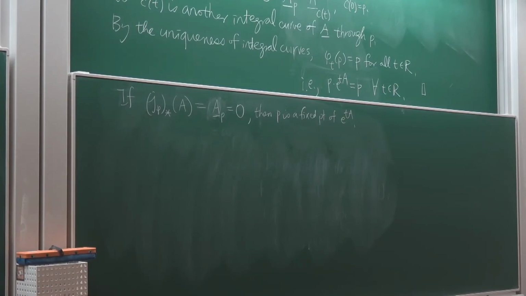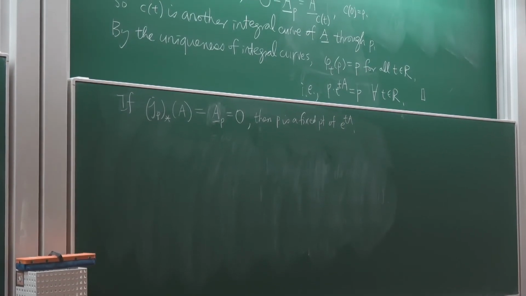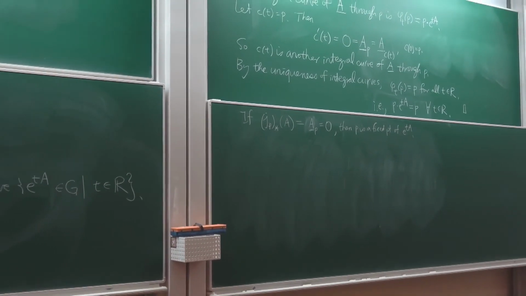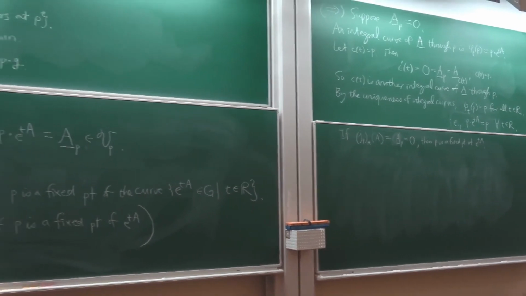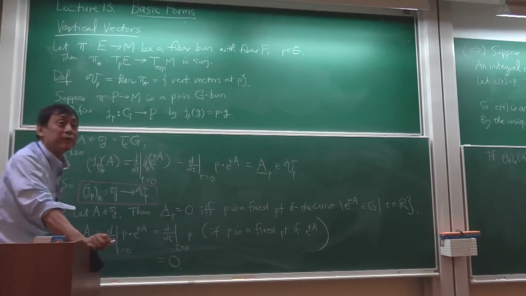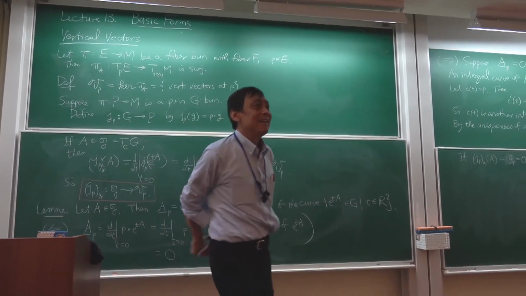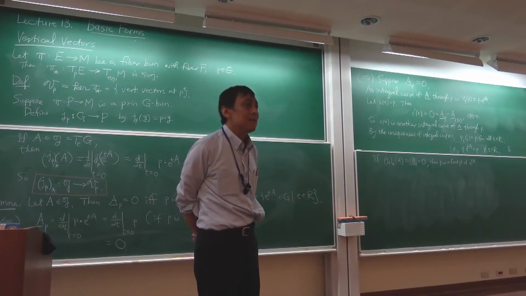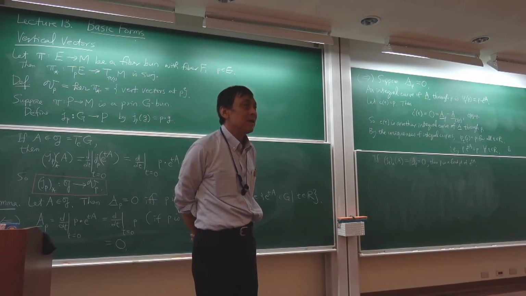Yes, but how does that say that A is 0? Because P is principal, so you can have JP as the right action. You must have free.